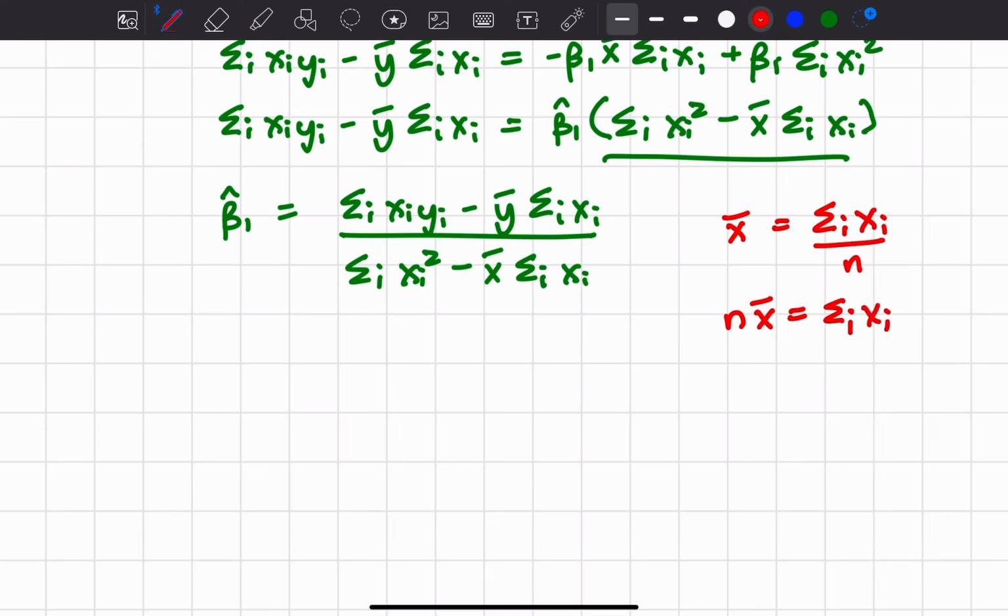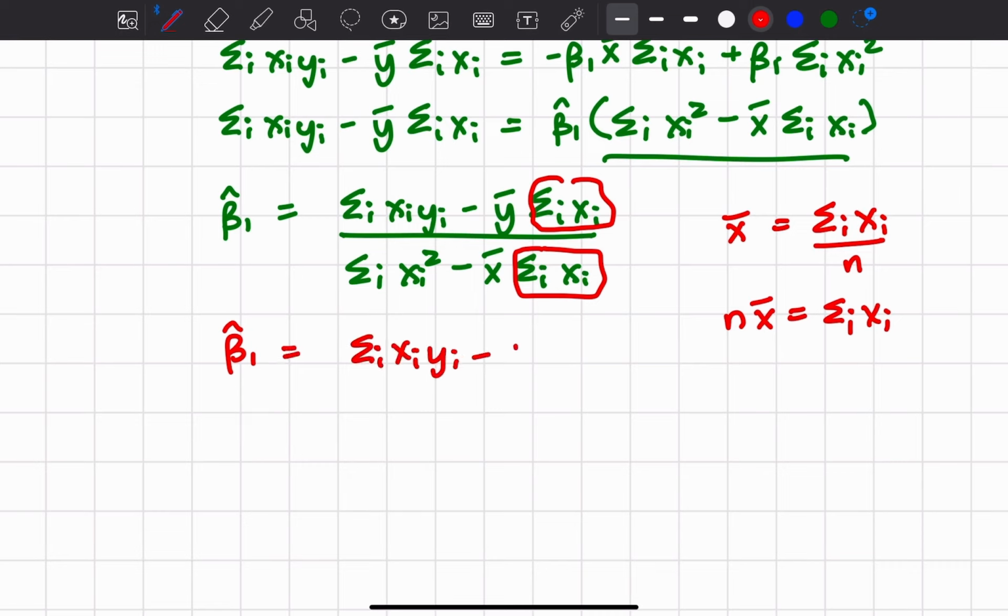Add up all the x's, and that's going to be equal to the average x's times the number of observations. So we're going to use that here and here.